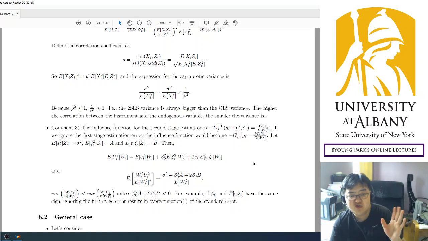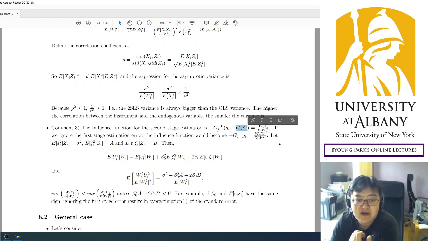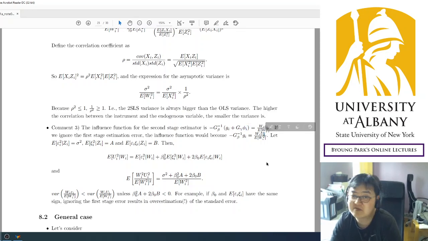And remember, u is epsilon plus beta psi. So u includes an additional term, right? The first stage error cancels out some of the error, which is interesting.